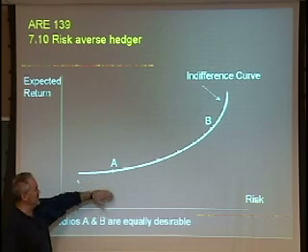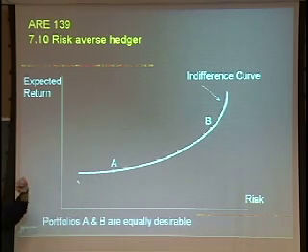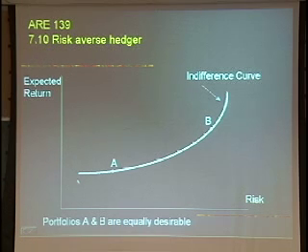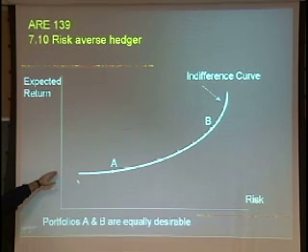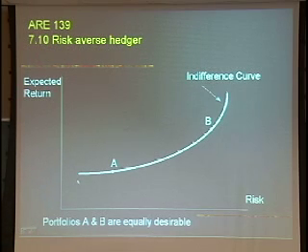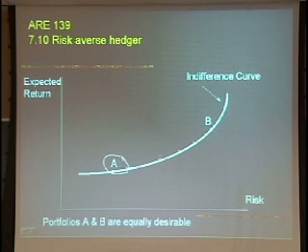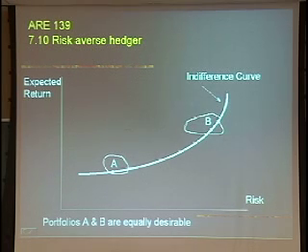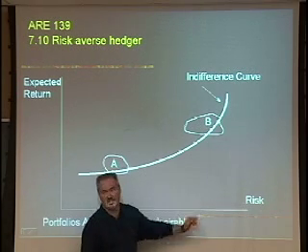So you've got two portfolios. There's portfolio A, it has low risk and low return. You're risk averse, so you like the low risk, but it is accompanied by low return. But if you are risk averse, it's possible that portfolio A is equally desirable to portfolio B, which has higher return but also has higher risk.